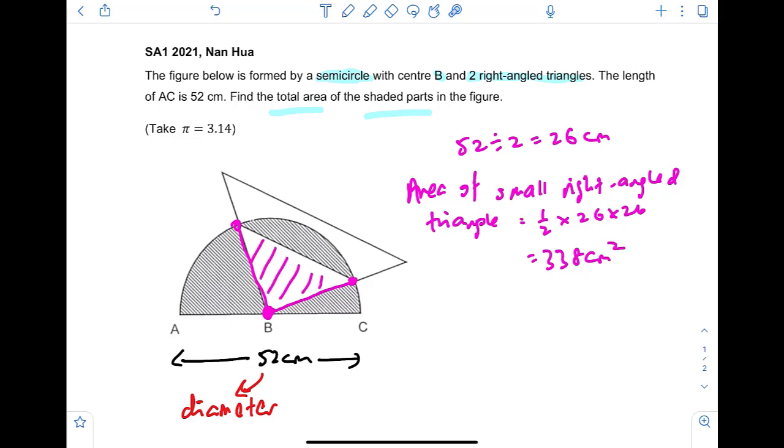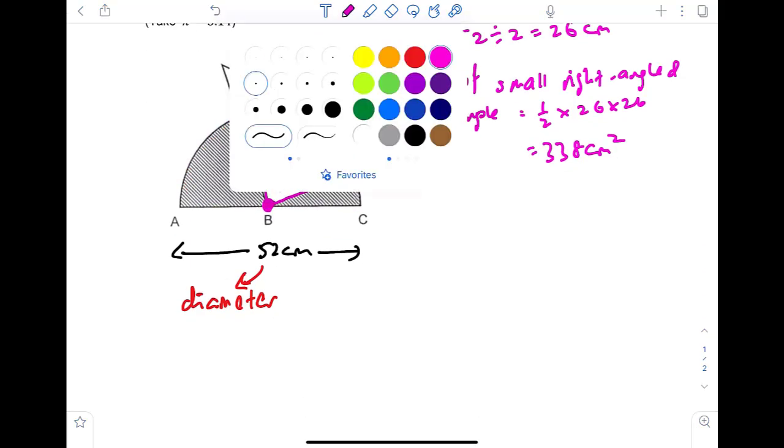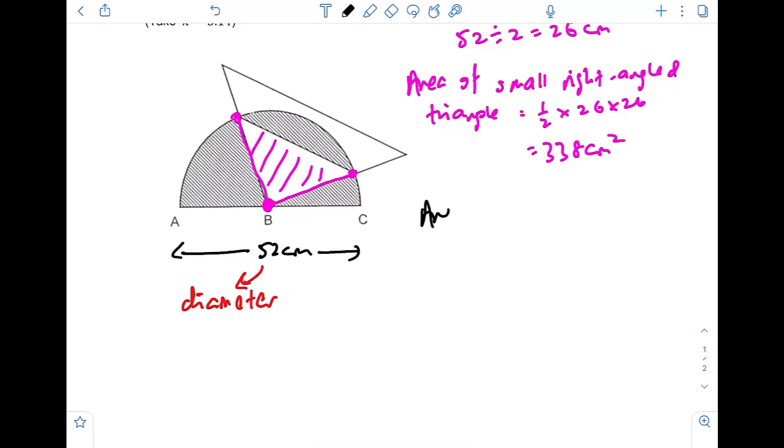And the next thing you need to find is the area of the semicircle. So this will be equals to half pi r squared, half times pi times radius times radius.